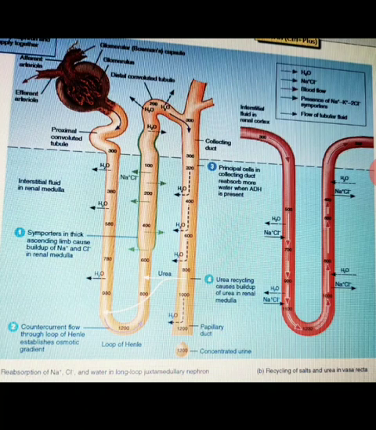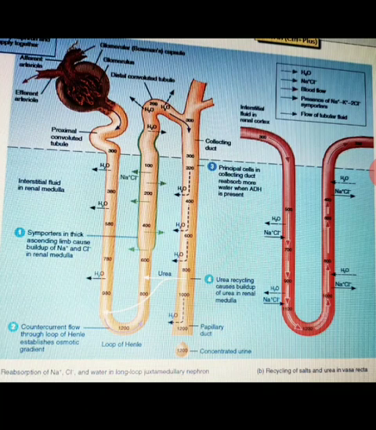Water is not absorbed in this segment, however, because the cells are impermeable to water. You can see in the figure. As a result, there is a buildup of sodium ions and chloride ions in the interstitial fluid of the medulla.